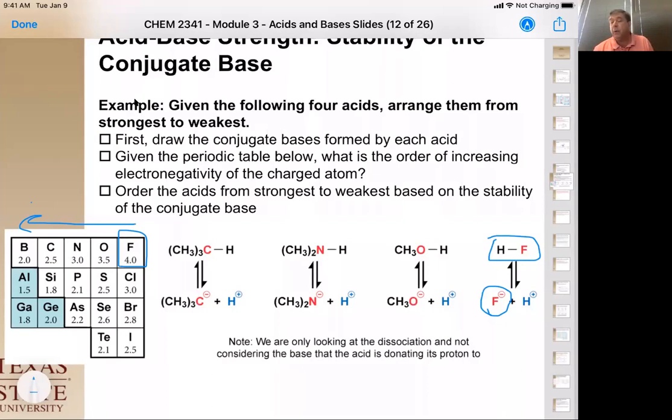So we're going to see that that is going to be a fairly strong acid. Just by moving 0.5 units over right here, we've decreased the acidity because our anion here is not as stable as the fluoride ion, because it was less electronegative. So we've gone from the strongest down in acidity just by moving over 1 atom on the electronegativity scale.